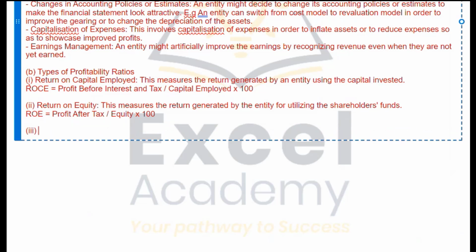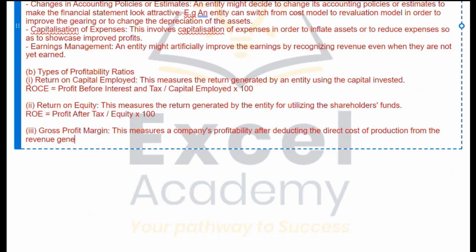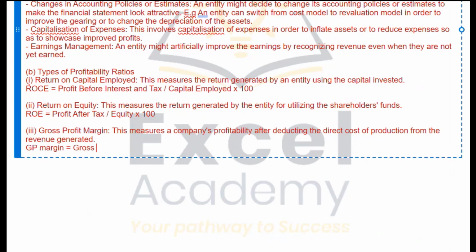Roman figure 3, we have gross profit margin. This measures the company's profitability after deducting the direct cost of production from the revenue generated. The formula for this is gross profit over revenue times 100.